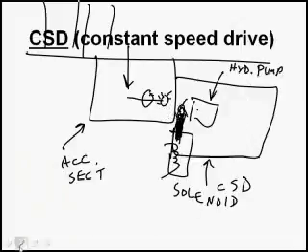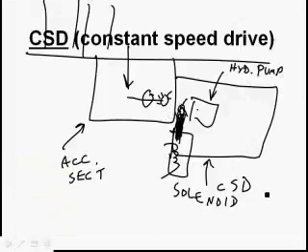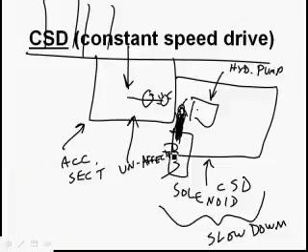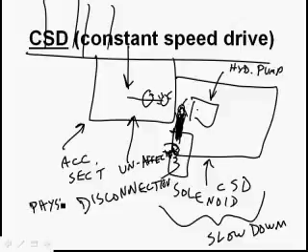So the constant speed drive will slow down, but the accessory section is unaffected. So this is a disconnection. This is a physical disconnection of the constant speed drive from the engine.